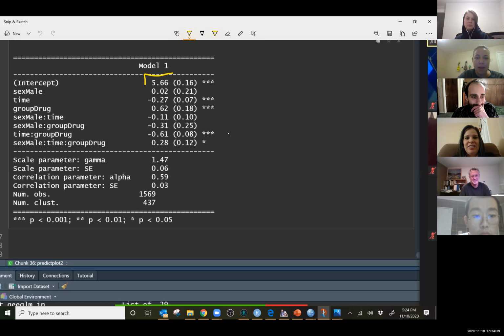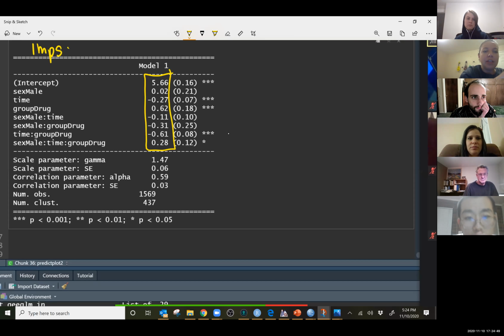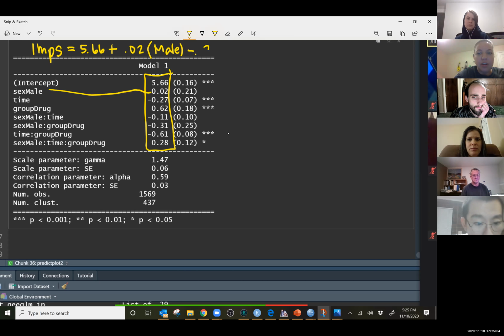Okay, so these are our betas. So let's write the equation. So it would be Y, which is the illness severity, IMPS, is equal to our intercept 5.66 plus 0.02 if you're male, because that's males, minus 0.27 as time increases, and then drug plus 0.62 if you're taking the drug.